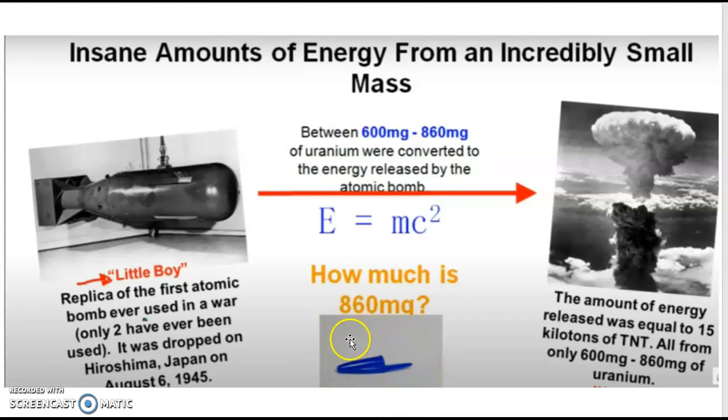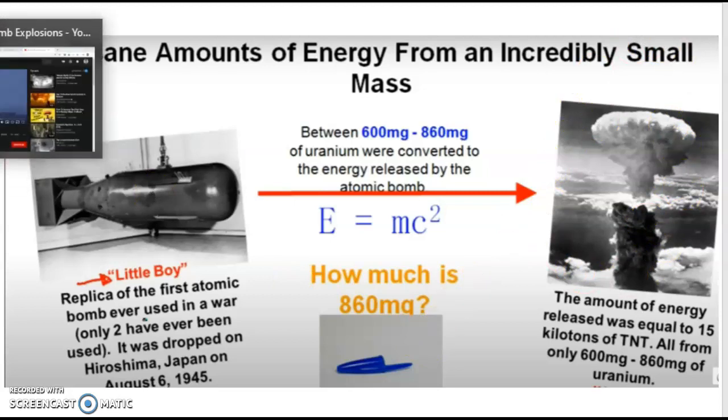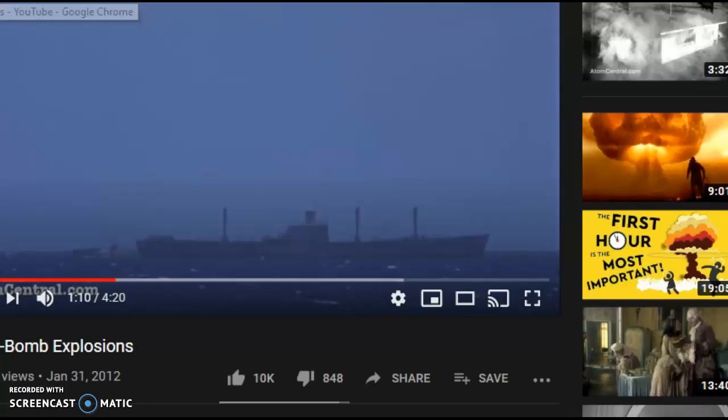One Skittle weighs about 1,000 milligrams or 1 gram. So if you could convert one Skittle completely into energy, you would get the amount of energy that you get out of a nuclear bomb. So you get an incredibly large amount of energy from a fairly small amount of mass.